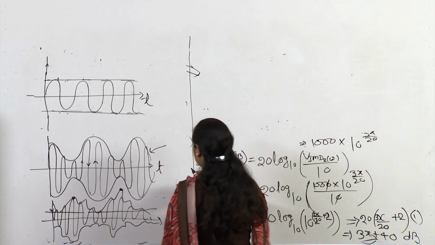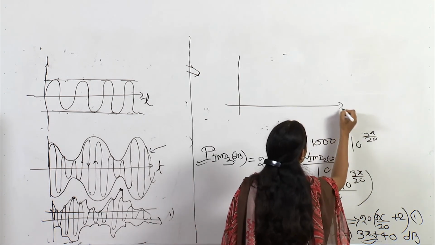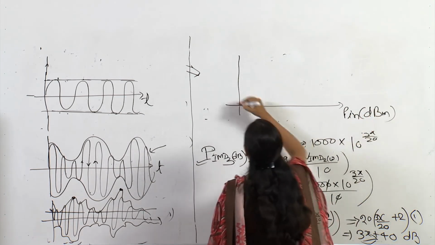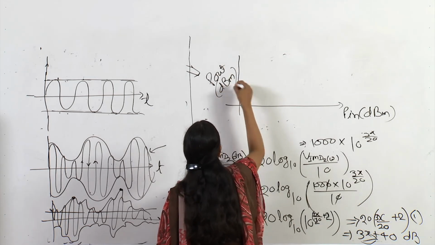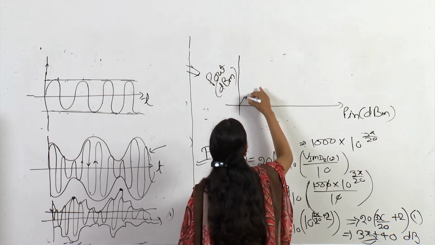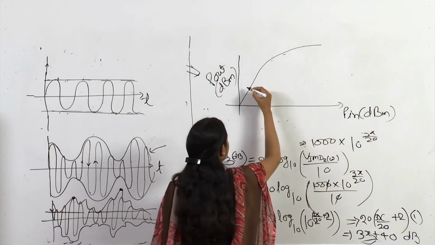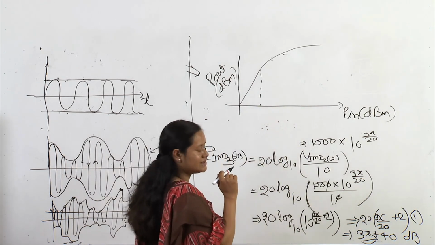And how does it matter? Suppose this is your input power in dBm and this is your output power in dBm, and this is your power amplifier characteristic. It was linear till here and after that it starts getting saturated.